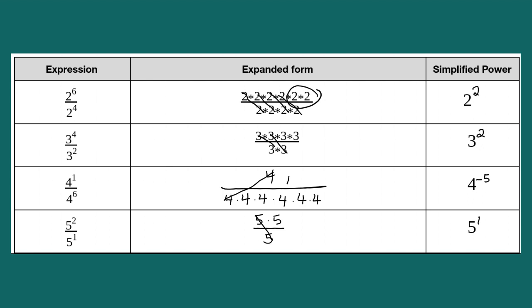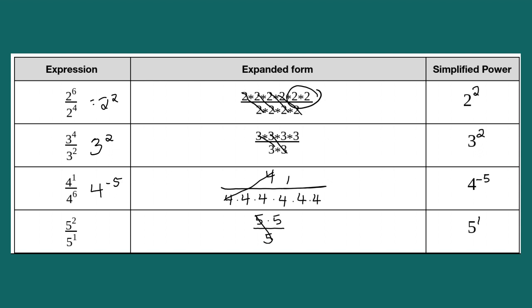Just like when we were multiplying, I start to see a pattern happening here. If I take 6 and subtract 4, I get 2, so 2 to the 2nd power. If I take 4 and subtract 2, I get 2, so I have 3 to the 2nd power. If I take 1 and subtract 6, I get negative 5, so that's 4 to the negative 5th power.